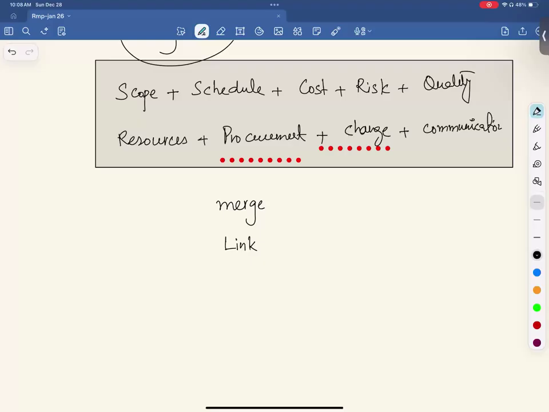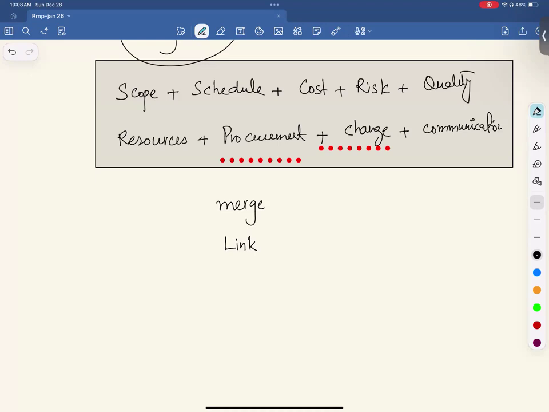We have different areas. So one individual, let's talk about Rifat, he can't do his job if he doesn't have understanding of the scope. So he needs to coordinate with Abid to understand the scope, right? So all these things are dependent on each other.